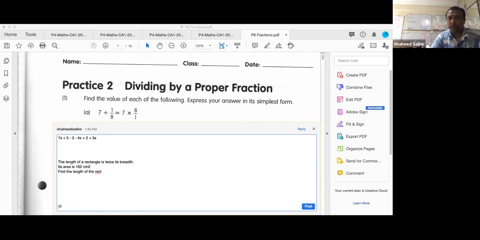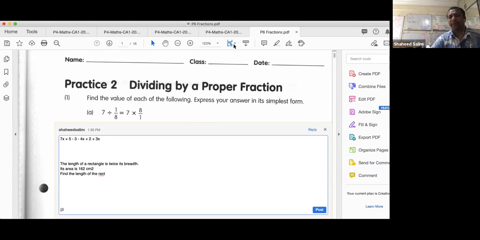You can still see the screen, right? Give up so fast? Okay, so here we go.